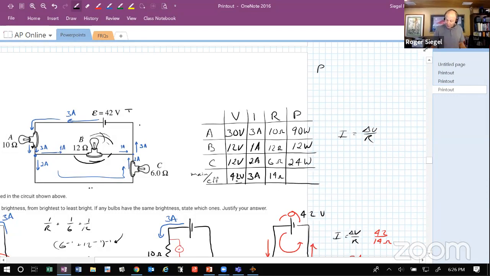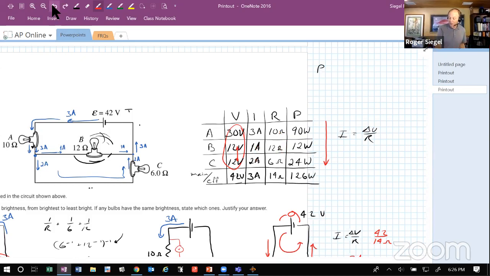And if we look over here, we've got 42 times 3, or 126 watts. By the way, this is the only part of the table that is guaranteed to add up correctly. This will not add up to the bottom because these 2 are in parallel. You don't add them together. These won't add up because they're all parts of a whole, and these won't add up because we have reciprocal relationships.